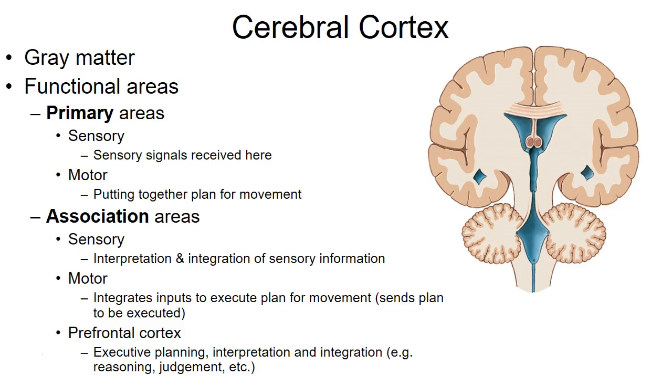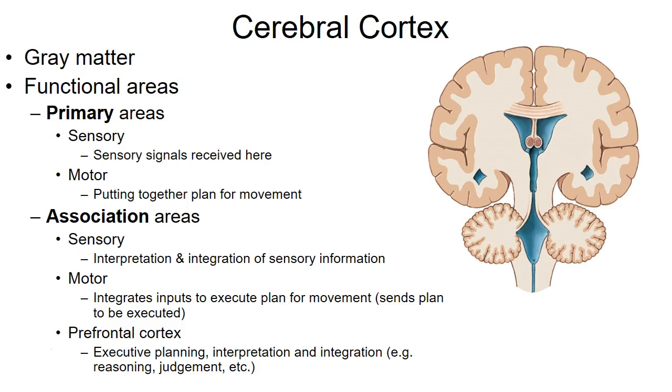What about the association areas? The sensory association areas are going to be doing the interpreting and integrating of information. So the primary sensory area took in the information and then passed it along to the appropriate association area, where that sensory information was integrated and interpreted.